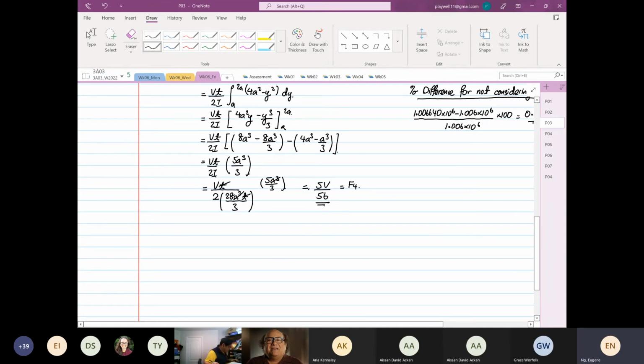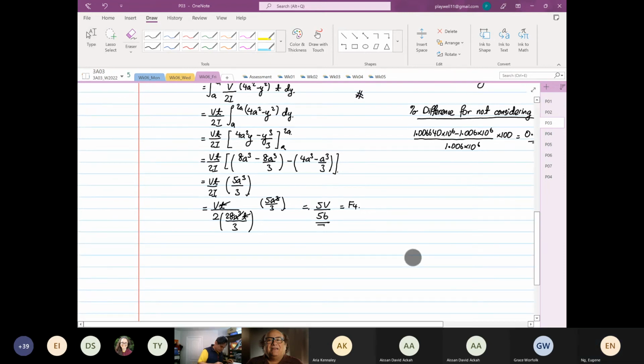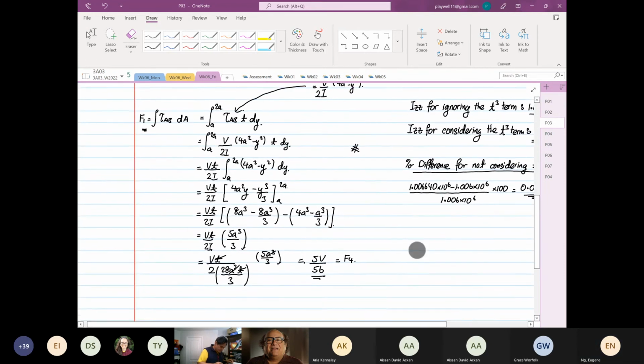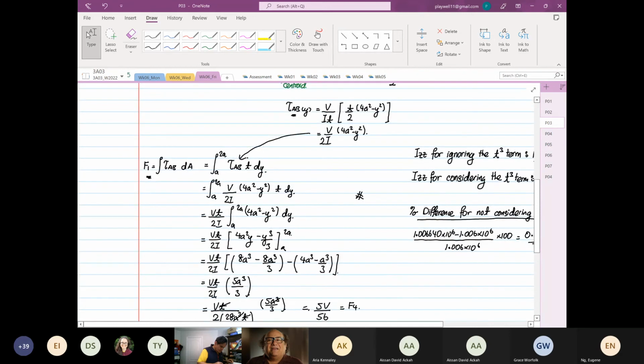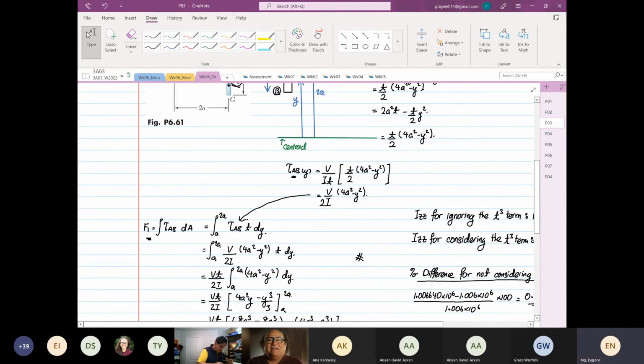So following from here, we have to determine our F2 and F3. Let me paste a question from a student: why is there a 2 in the equation V over 2I?